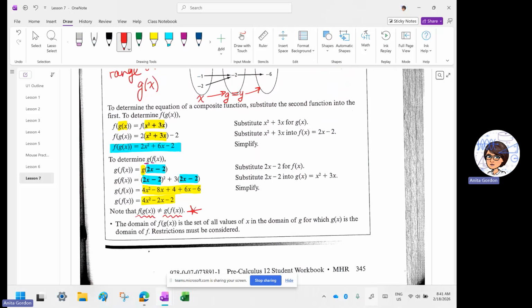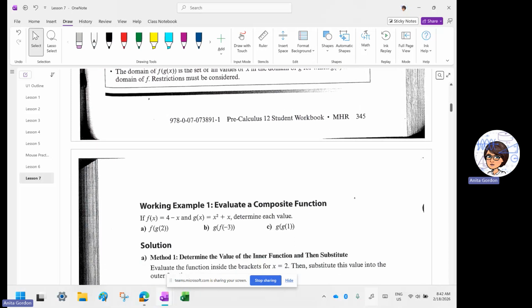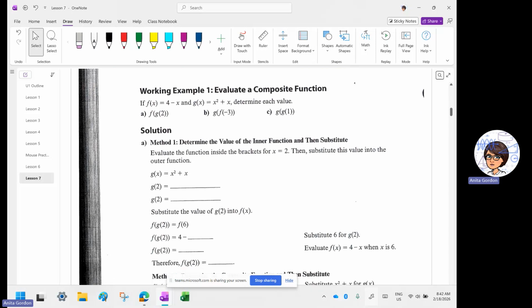Which one is on the outside and which one goes on the inside. This is not the same as that. So this is what we're working on. We're going to look at what the functions look like. We're going to work on perhaps what is the domain and range. Do we need restrictions in order for this to work? And so on.